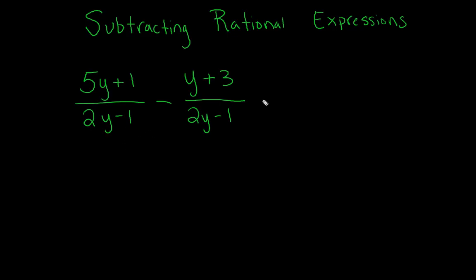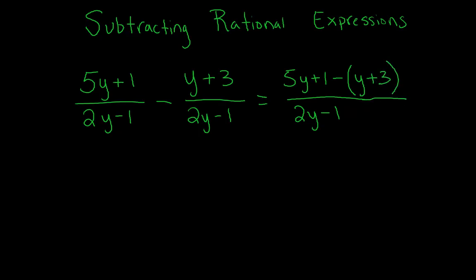Since we have common denominators, our denominator is going to stay the same, so it's 2y minus 1. And then we subtract our numerators. So we have 5y plus 1 minus, and I'm going to put in parentheses, y plus 3. This is a little bit different than when we added rational expressions because we now have this subtraction sign, and we need to be careful that we subtract both terms in the second expression.